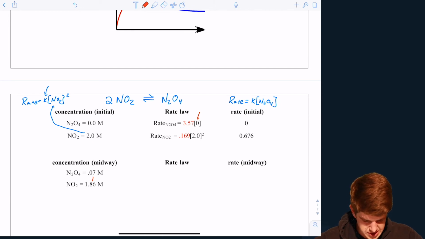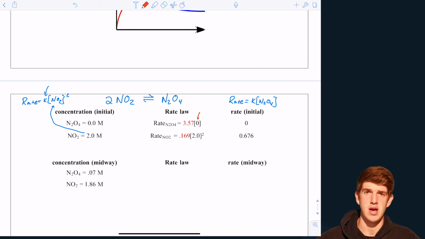Well, it doesn't, but you just have to remember that one N2O4 is made from 2 equivalents of NO2. So if I really multiply that by 2, I have 0.14 plus 1.86. I would have my 2 moles again.